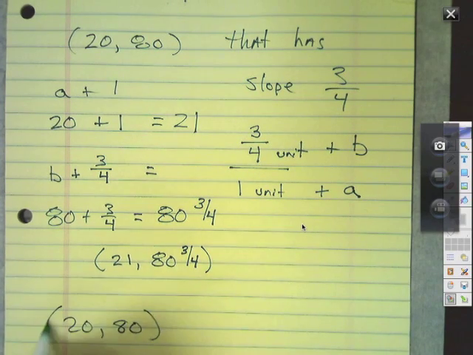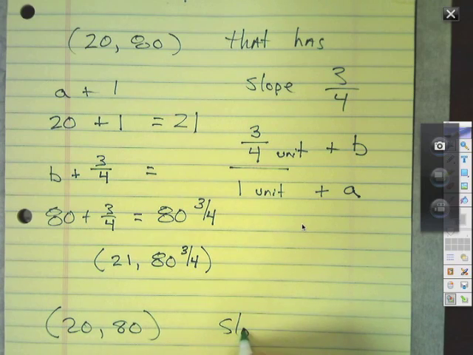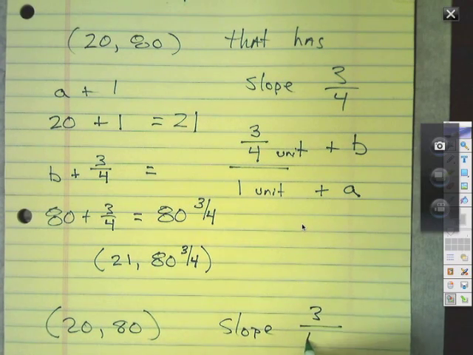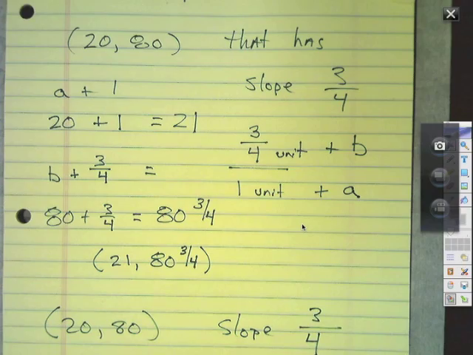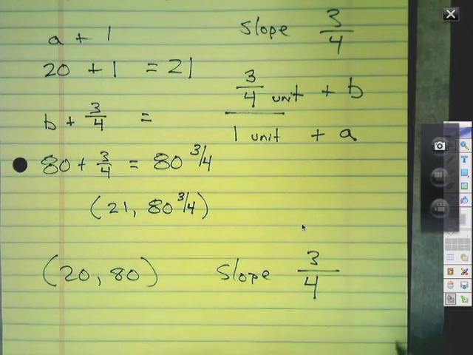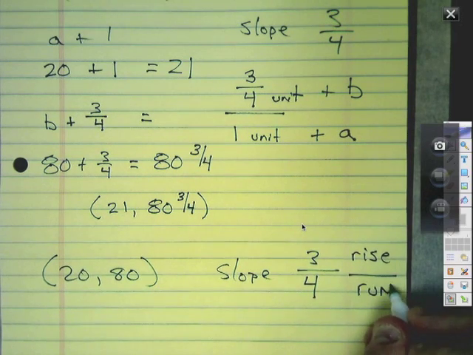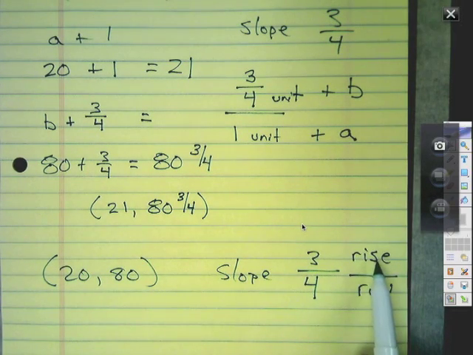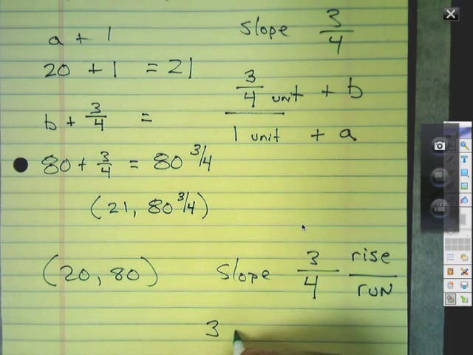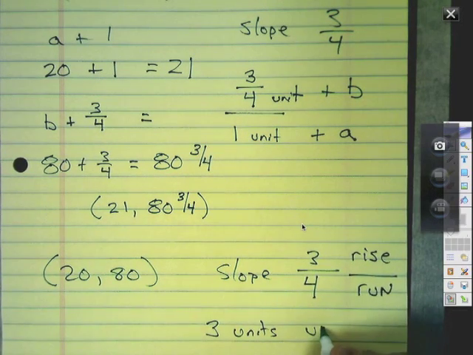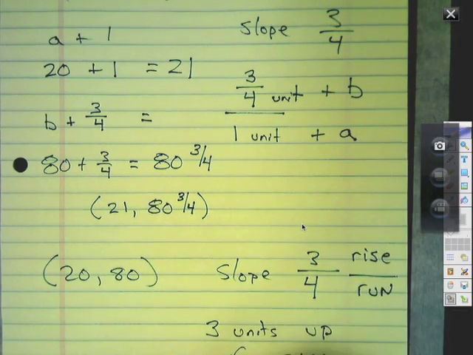If you look at this, our point is (20, 80). Our slope is 3/4. Now, if you remember Mr. Johnson saying, this is rise over run, which means we're going to go 3 units up for every 4 units across.